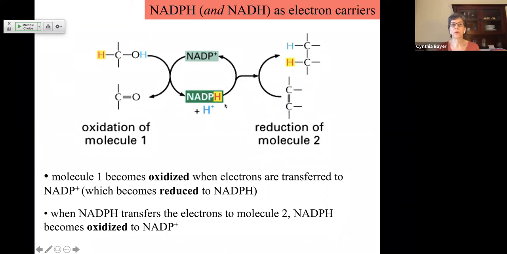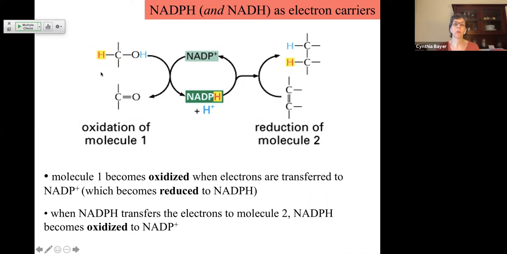This reduced form of NADP, high energy electron carrier, can transfer those electrons to another molecule. And then the NADPH is oxidized back to the oxidized form, and the molecule that it transfers its electrons to becomes reduced.